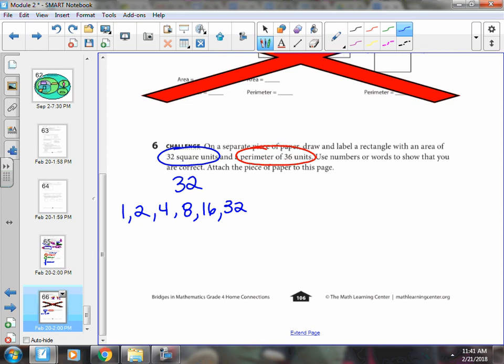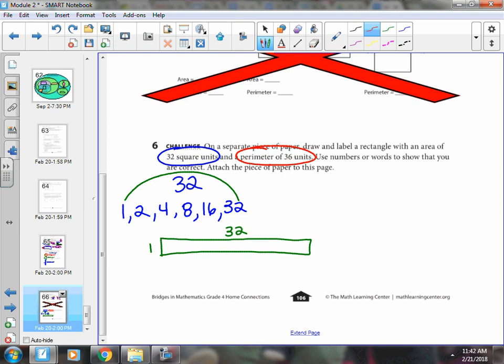So these are the factors of 32, which means I can use these numbers to create rectangles that have an area of 32. So my 3 different rectangles that I could have: a 1 by 32 rectangle, because 1 times 32 gives us an area of 32 square units.